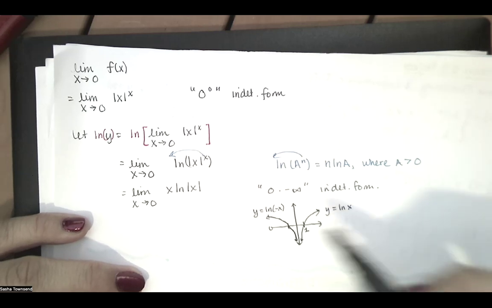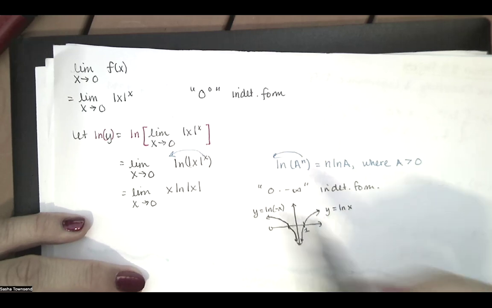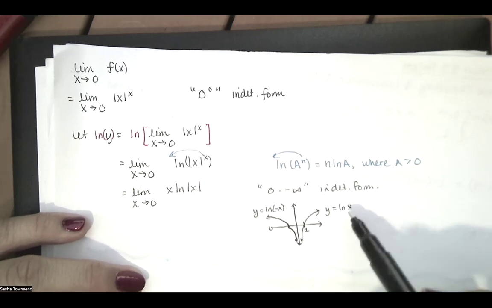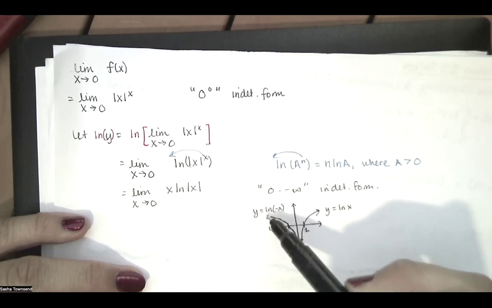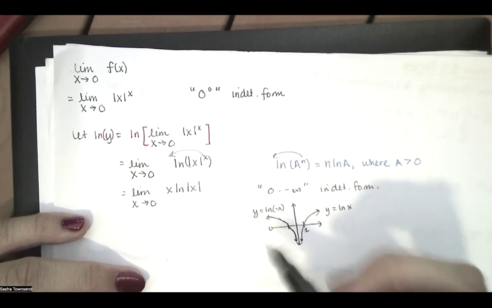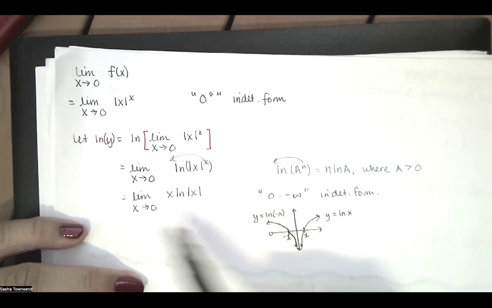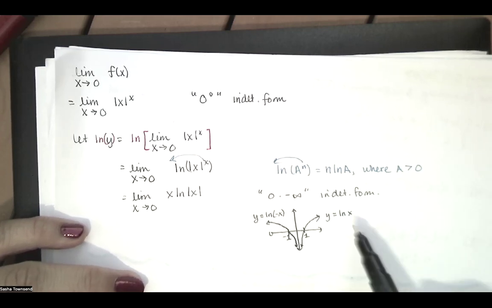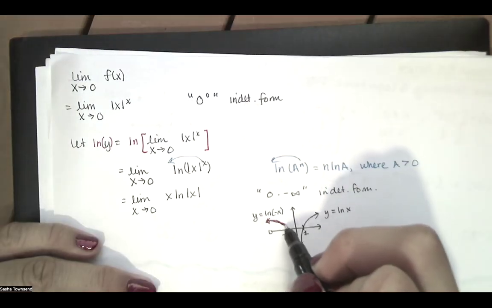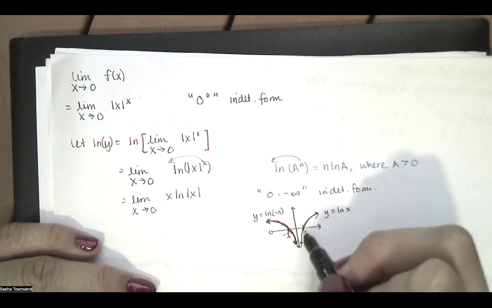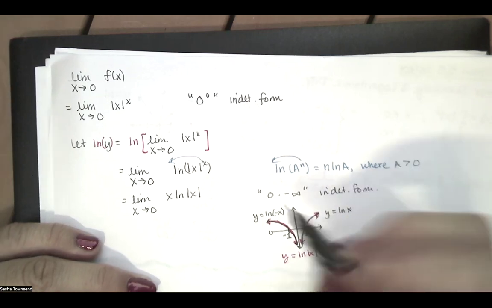One way you can think about it is that these two branches occur because the absolute value of x is x when x is positive and negative x when x is negative. If I replace x with negative x, this is a positive number, and we can take the log of that positive number, and that's what we get. So this is what natural log of the absolute value of x looks like. That red graph is y equals the natural log of the absolute value of x.